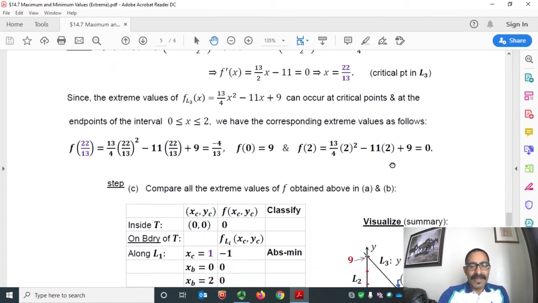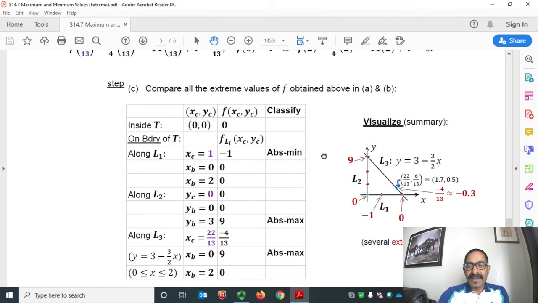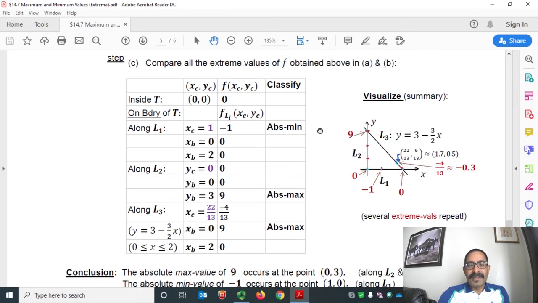Now in step 3, let's compare. I made this nice chart here. This is the critical points, this is the value at critical points, and we classify this. We have 4 columns here. Inside T, the critical point we found is (0, 0), where the value was 0.